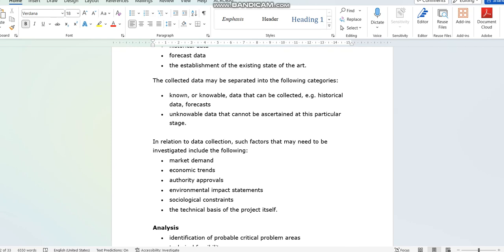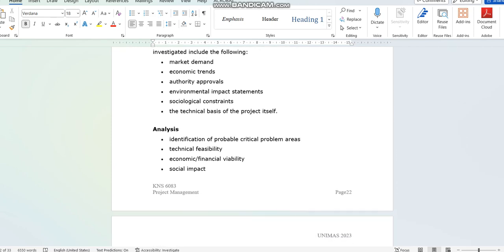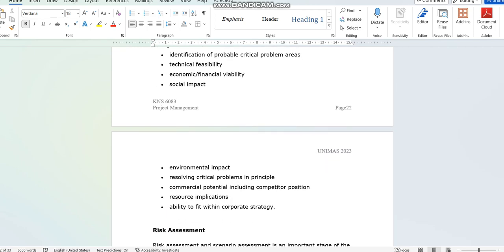And then once you analyze this data against different data, like technical data, economic data, social data, they're all analyzed in their own ways, you see. So once you've done that, you will see, okay, this is the profile of the project. Technically it's like this, like this.